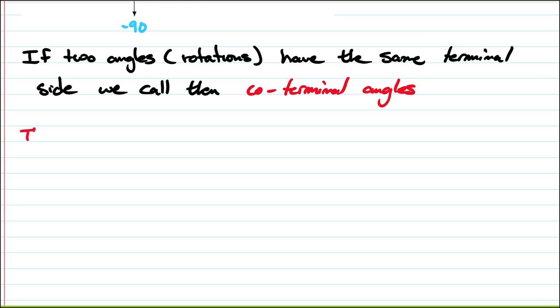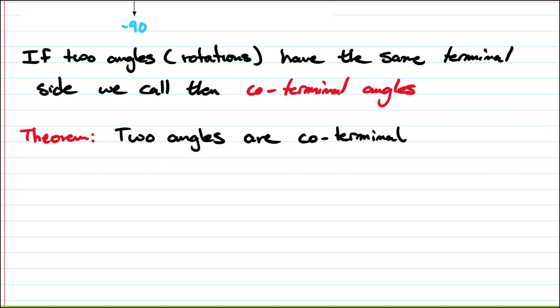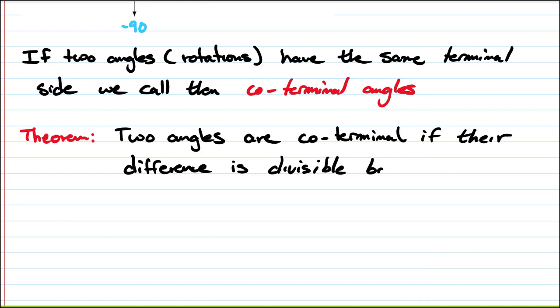So, theorem: two angles are coterminal if their difference is divisible by 360 degrees.